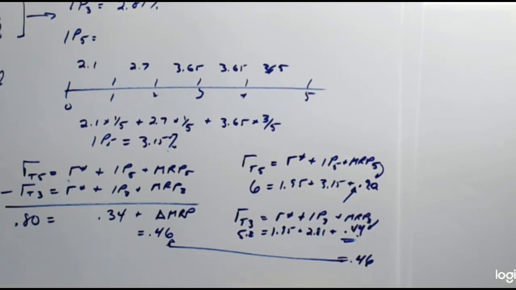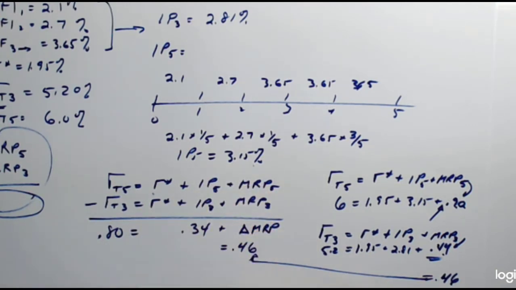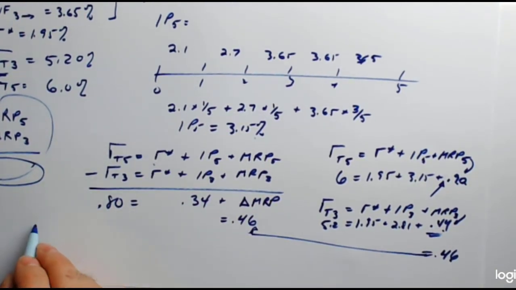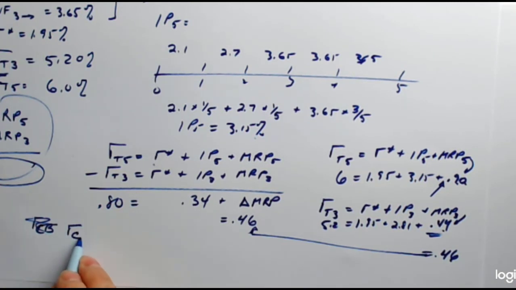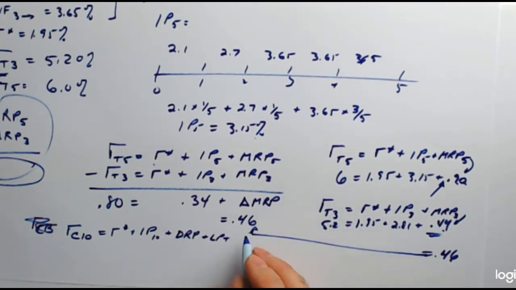So the trick is sometimes realizing that you can subtract these two equations. It sometimes becomes very helpful if you have, say, a corporate bond, a return on a corporate bond that's 10 years, and it's going to have R star plus IP for 10 plus a default risk premium plus a liquidity premium plus a maturity risk premium 10.